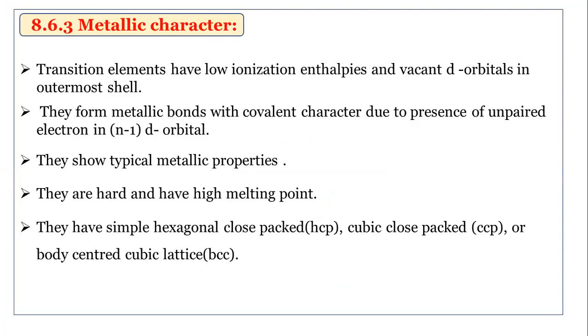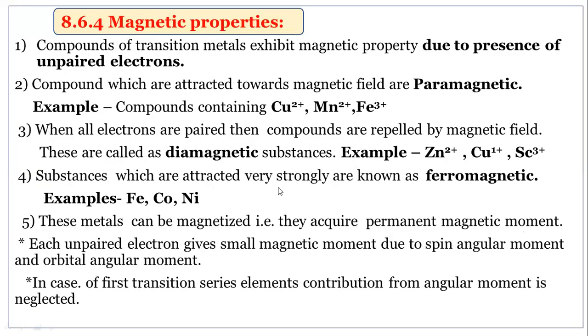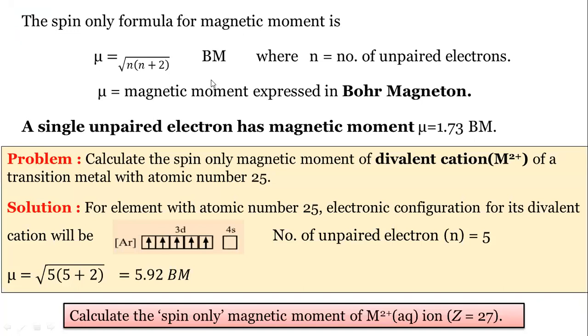Then they have a particular type of lattice structure. Different types of lattice structures are given. Then they also have low ionization enthalpy values, covalent bond and metallic bond character. The magnetic property is also discussed, and then I am directly coming to this formula.